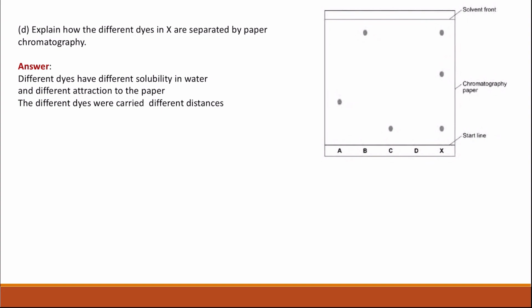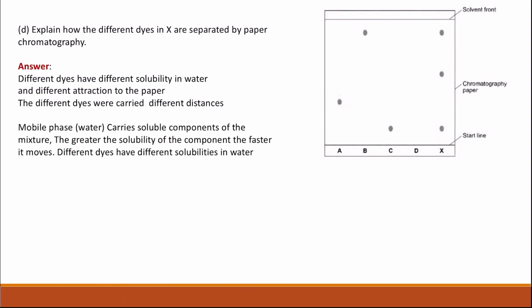To write your answer in the best possible way, you need to mention the mobile phase and explain that the mobile phase, which is water, will carry soluble components of the mixture. The greater the solubility of the component, the faster it moves. So different dyes have different solubilities in water. Don't ever forget to mention this sentence.